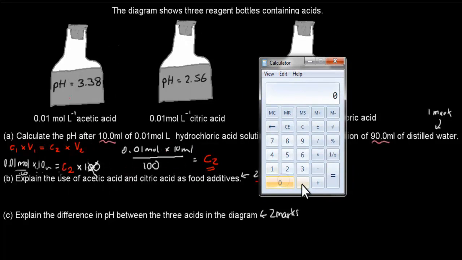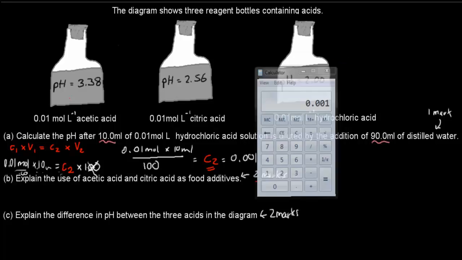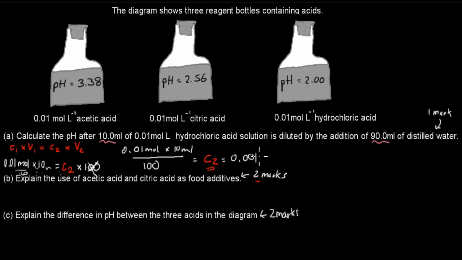That's 0.01 times 10, that's 0.1, and then divided by 100. So our new concentration is 0.001 moles per liter.